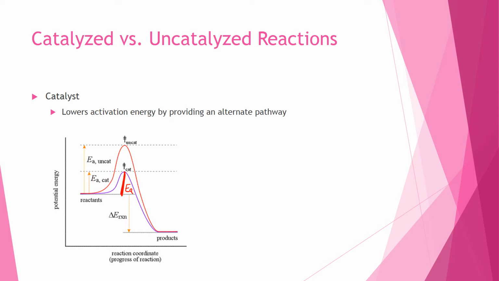It's kind of like a shortcut for the reaction. One thing you've got to pay attention to, you see how my reactant's energy and my product's energy does not change. So it's not changing my delta H of the reaction, it's not changing delta G. The only thing that a catalyst does is lower the activation energy.